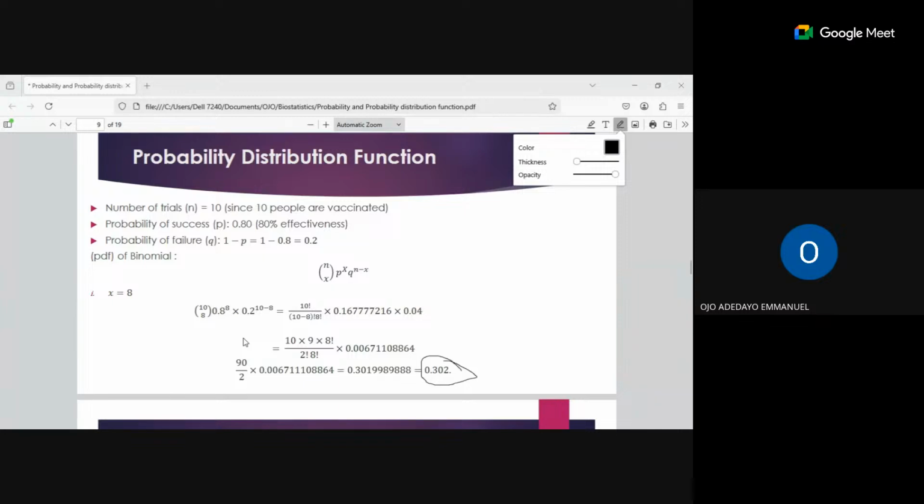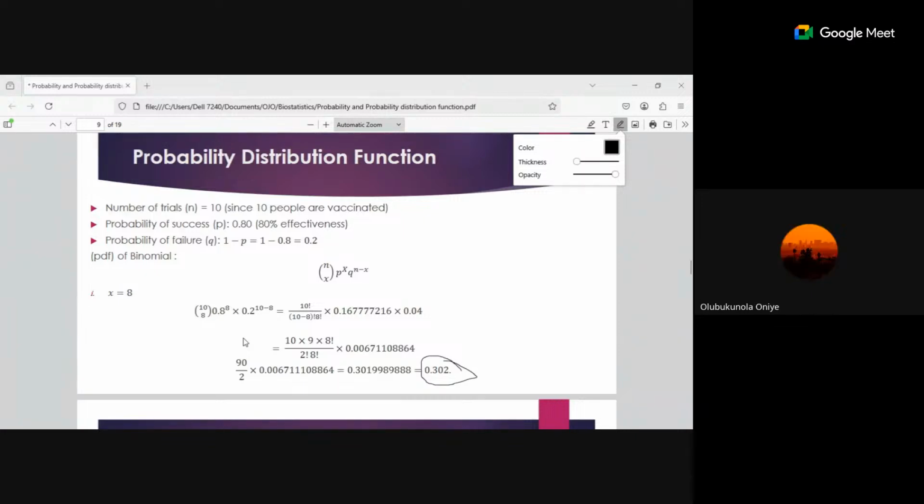That is the rule of expanding the combination. You can pick any n. Let's say your n is equal to 20, and your x is 10. You can have 20 factorial, the same approach. But the only condition is that your x cannot be greater than your n. But your n and x can be equal. Okay, but x cannot be greater than n.